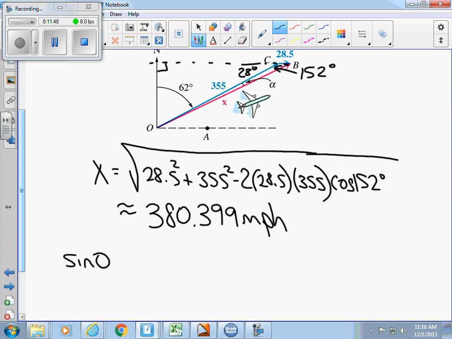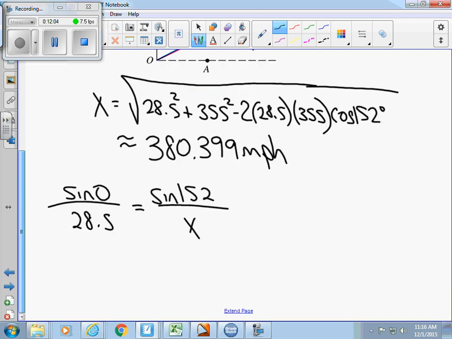Sine of O over 28.5 equals sine of 152 over x. So I'm going to leave that as x. Use that value from your calculator.